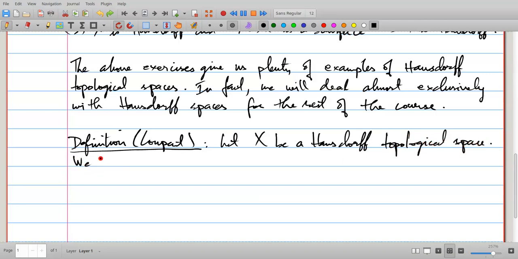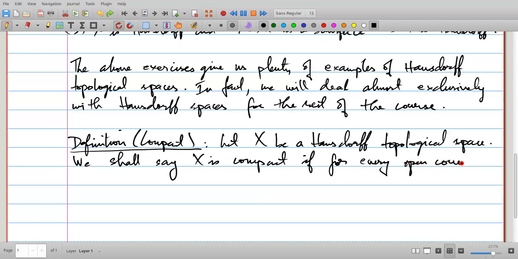So we should say X is compact if for every open cover, so every time I write X as a union of open sets U_i, every open cover has a finite subcover.